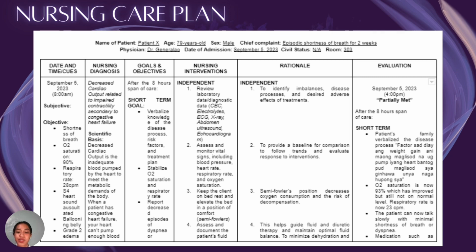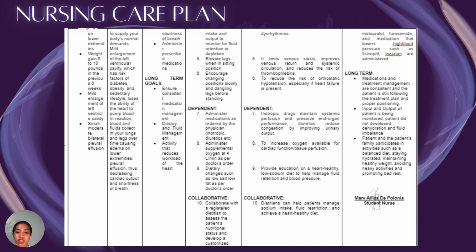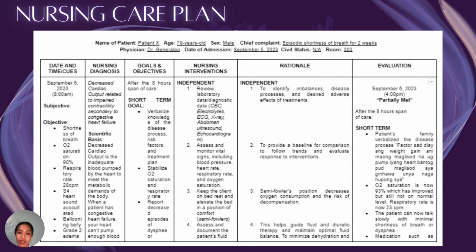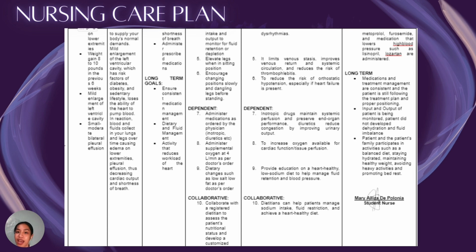Next is to assess and document the patient's fluid intake and output to monitor fluid retention or depletion. The rationale is that this helps to guide fluid and diuretic therapy and to maintain optimal fluid balance to minimize dehydration and dysrhythmias.